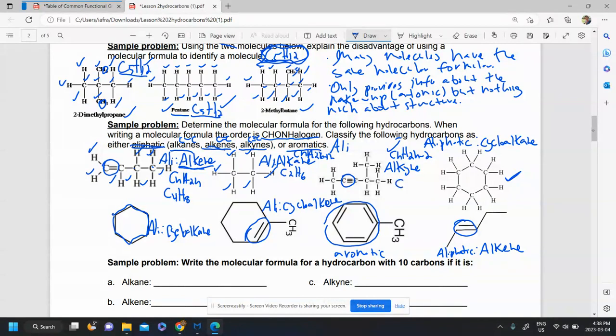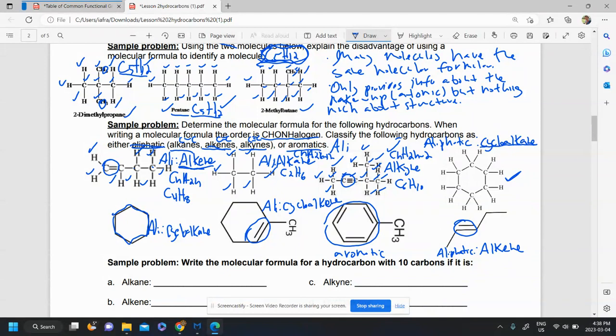So we have 1, 2, 3, 4, 5, 6, C6H. So 2n is 12 minus 2, 10. See if that's true. 1, 2, 3, 4, 5, 6, 7, 8, 9, 10. C6H10.